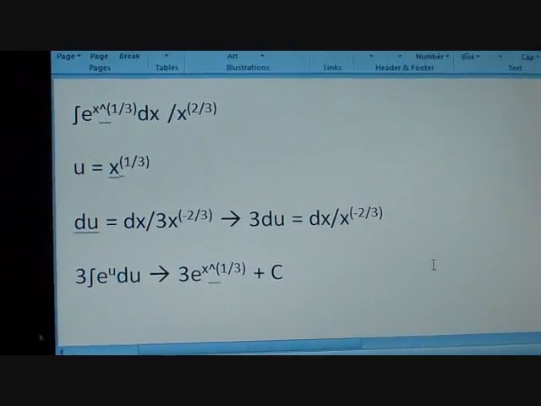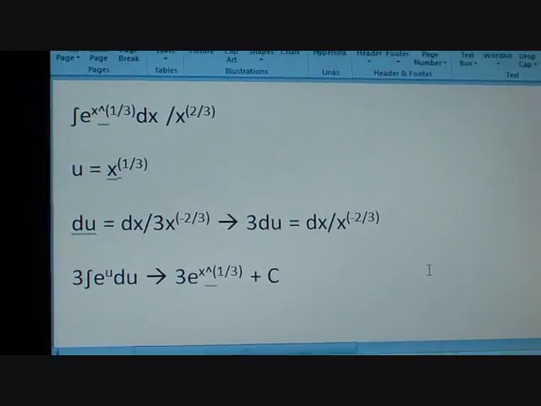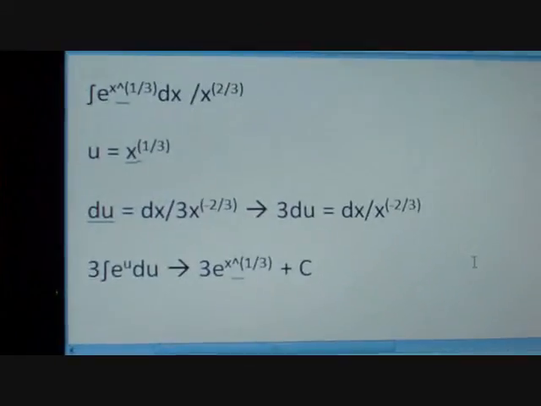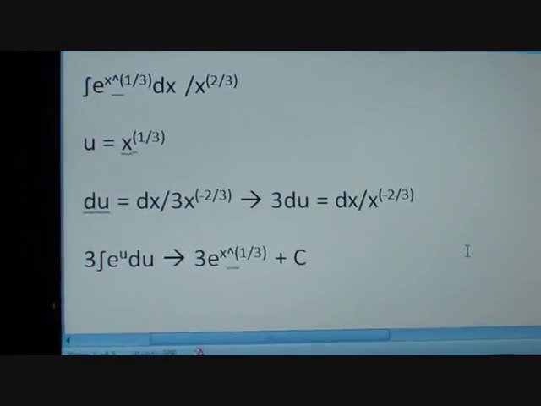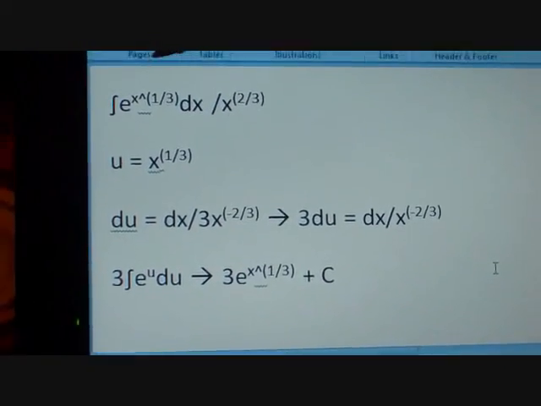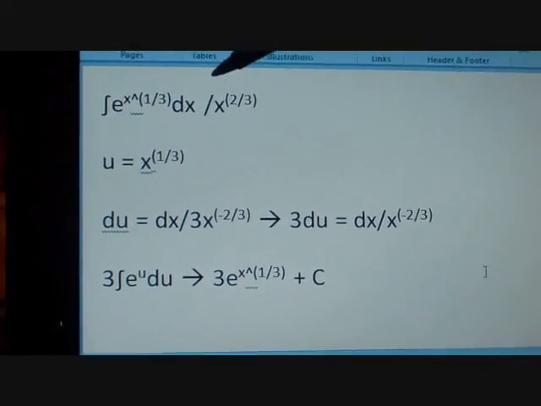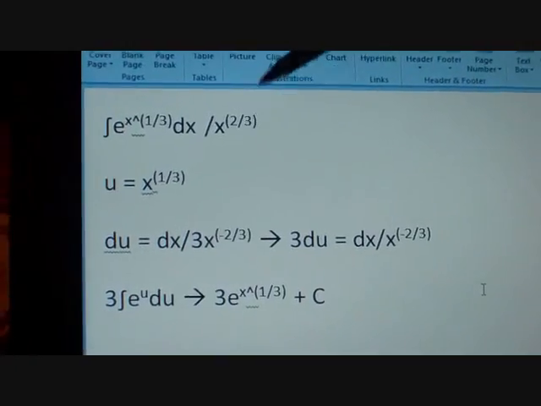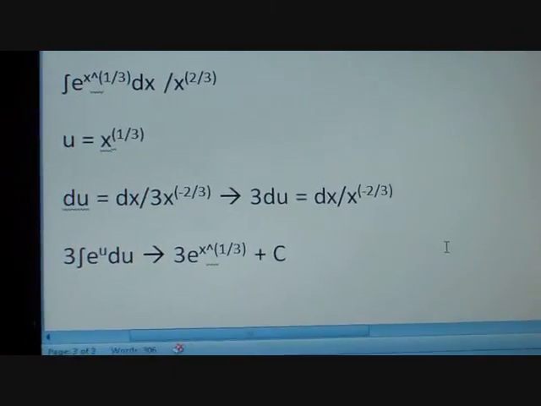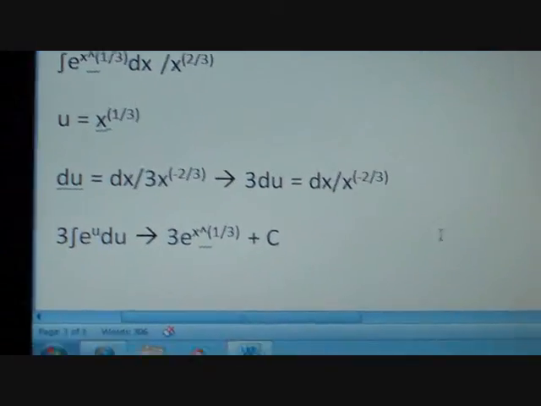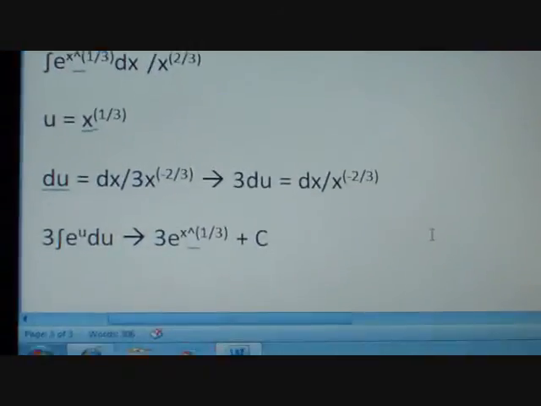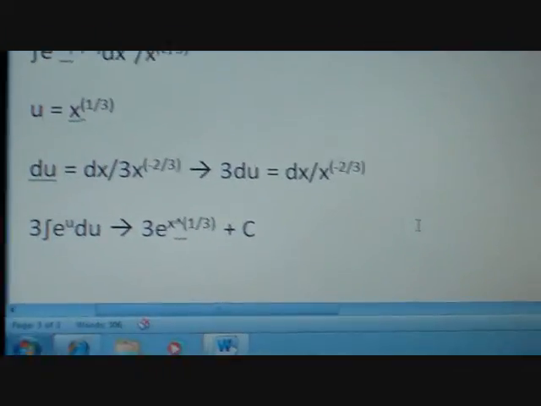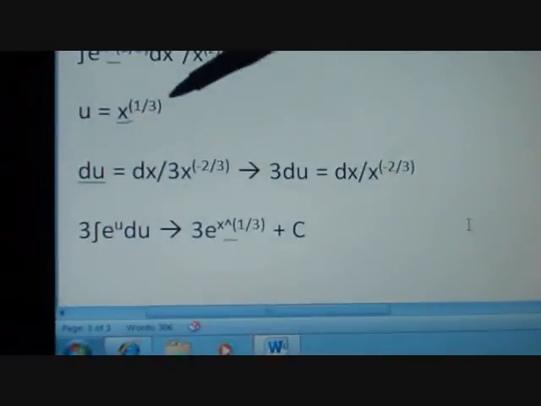Okay, so our corresponding problem that we made in reference to the previous problem we had is the integral of e to the cube root of x dx divided by the cube root of x squared. The most complex part of that problem was the cube root of x with the e, so we made that our u.